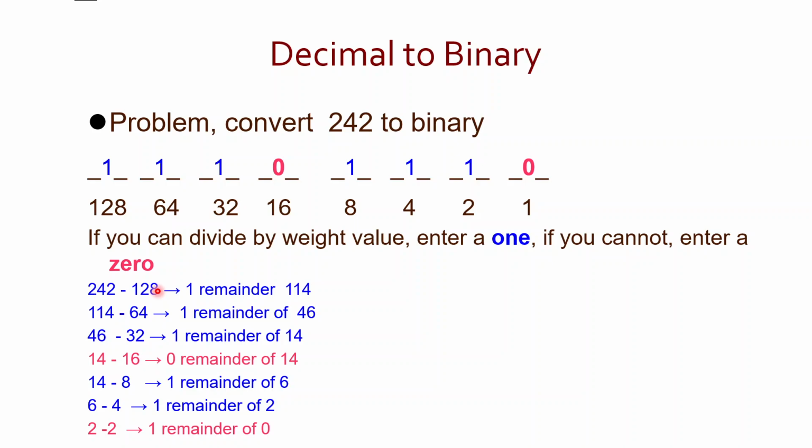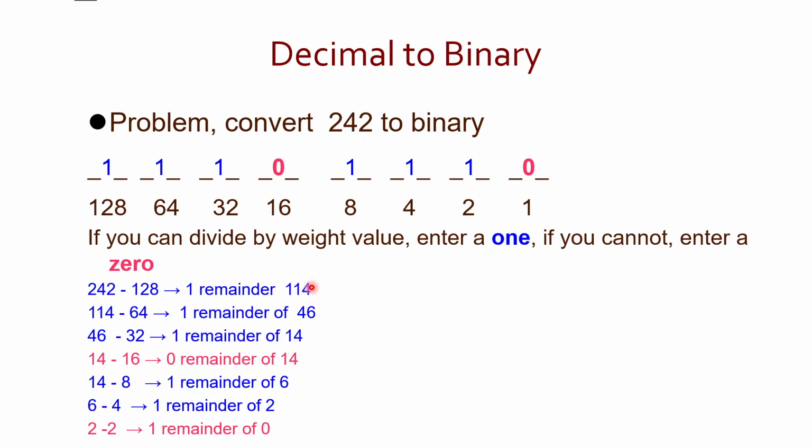And before I really do this calculation, I'm simply going to ask, is this going to give me a positive number? And if the answer is yes, I'll put a 1 there. So I take my number, subtract this 128 from that. If that gives me a positive result, I put a 1 here. And so then I actually do the subtraction, and I still have 114 left.